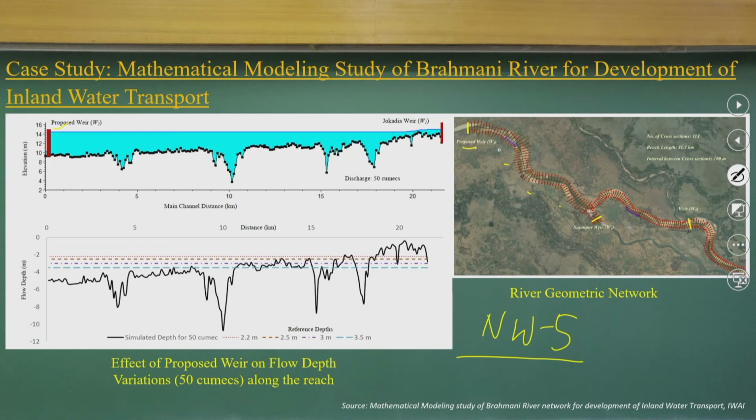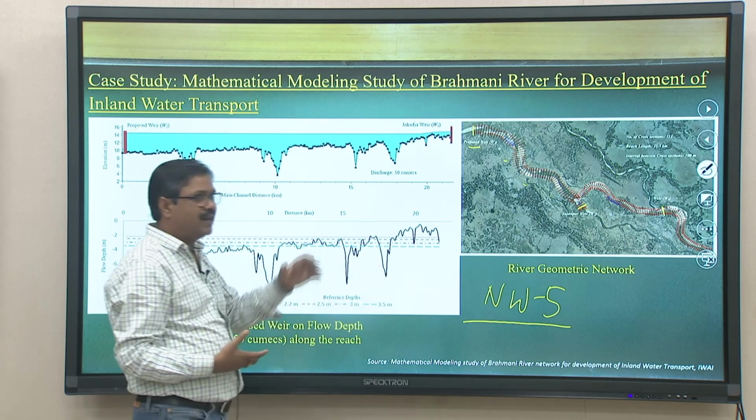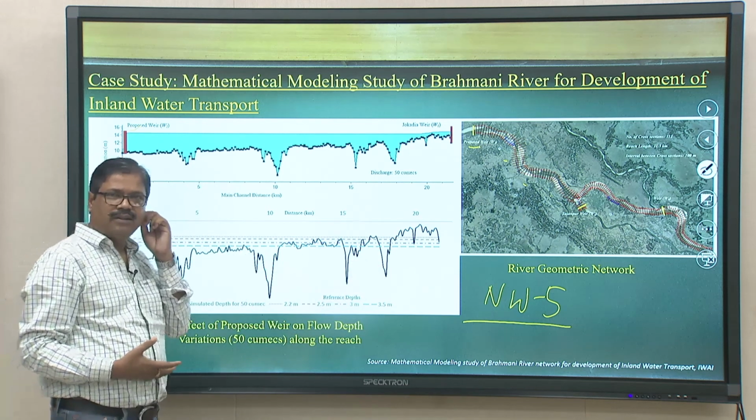We have done it all with the help of the HEC-RAS model, with very detailed bathymetric data and bed material data, all integrated. So nowadays, with the help of mathematical models, we can know how to make this river navigable with a series of dams or weir structures. That is what we have done in this case.